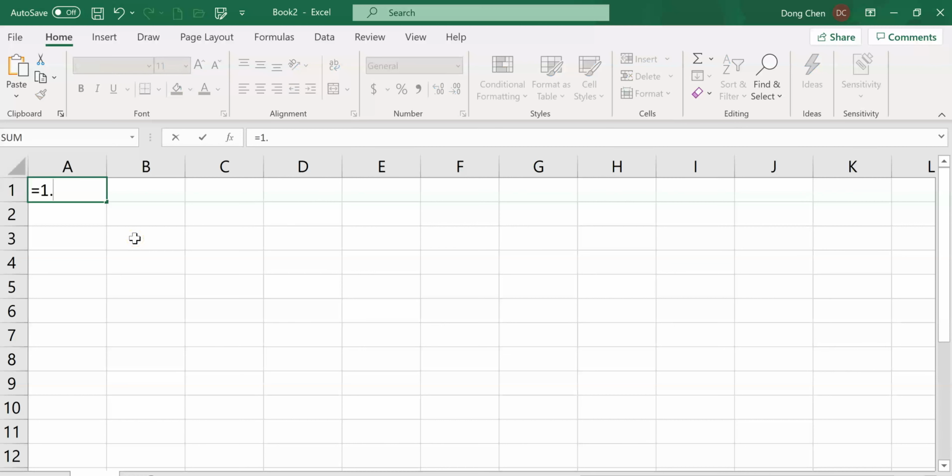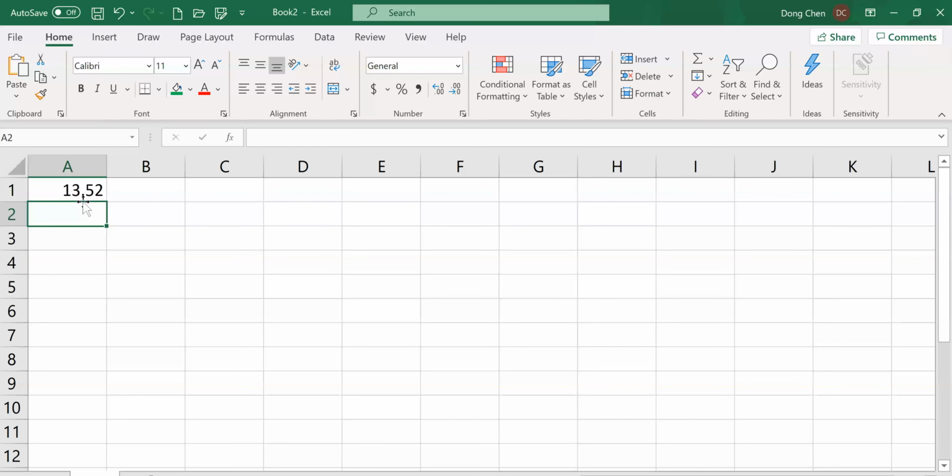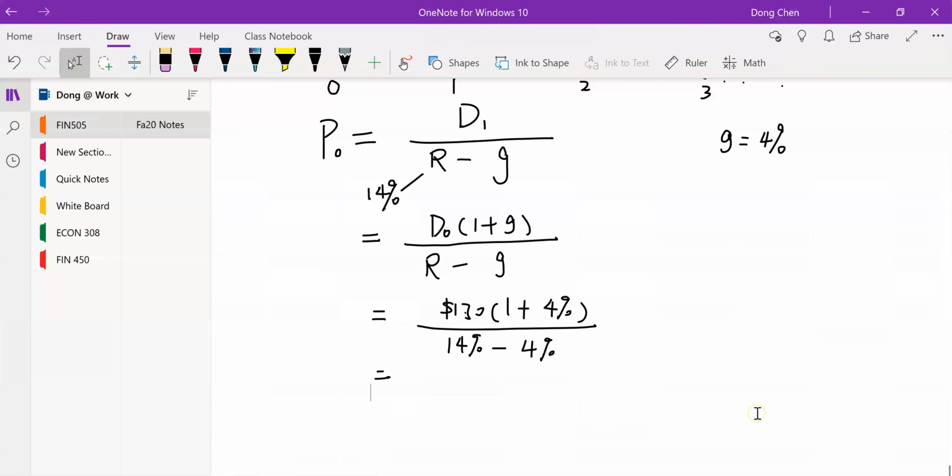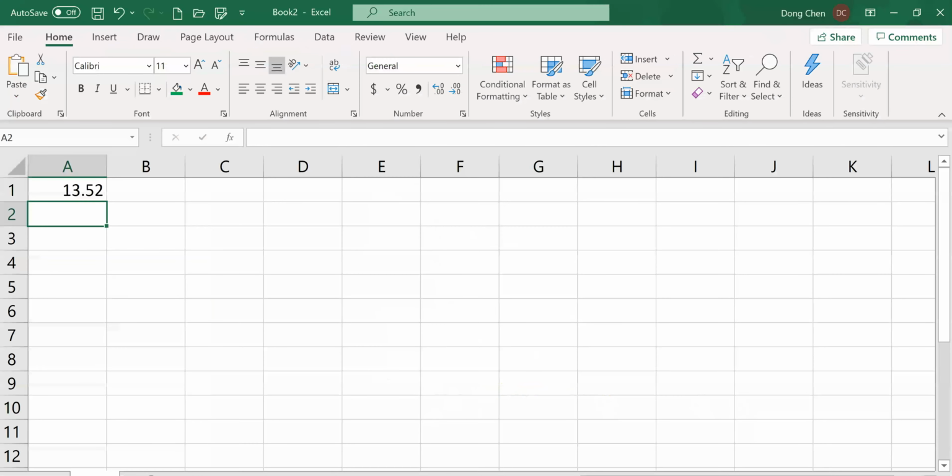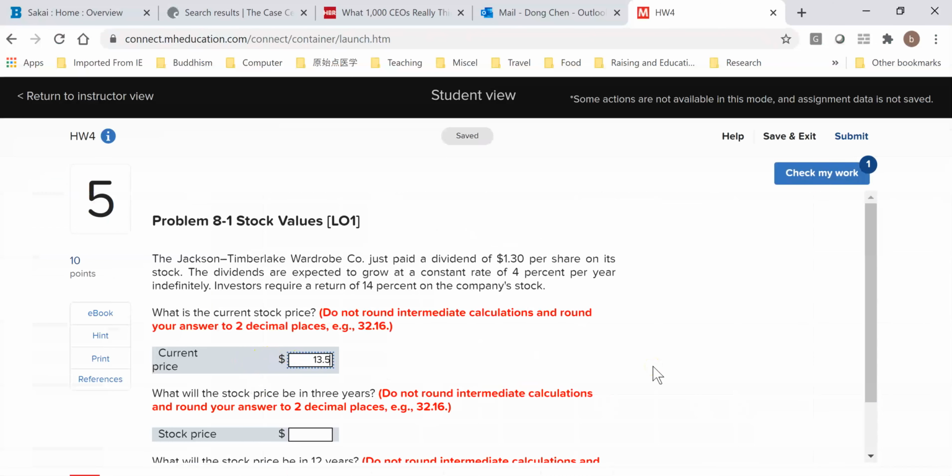So, let me use Excel: equals 1.30 times 1 plus 4%, and then divided by 14% minus 4%. That gives me this, which automatically already kept only 2 decimal places. Otherwise, you just need to change the format in Excel to keep 2 decimal places. So we're getting $13.52.